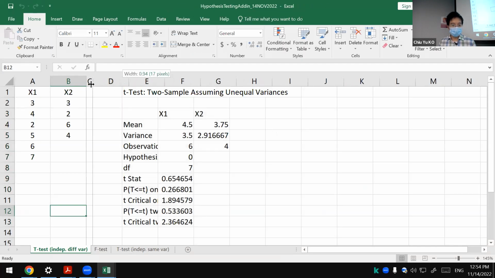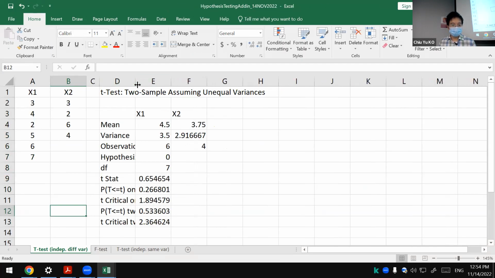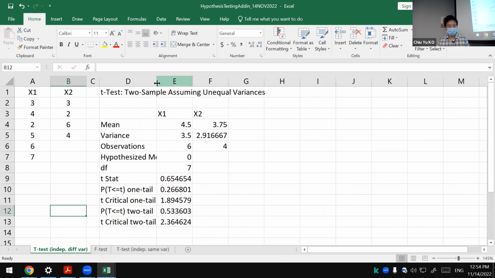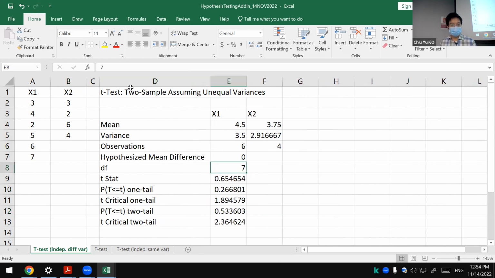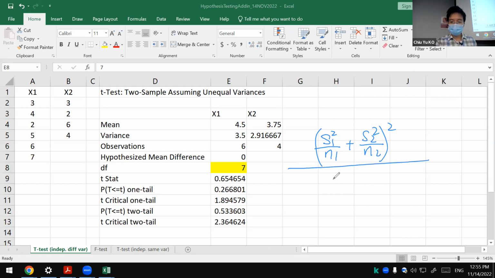Okay, so you can see that for unequal variance, the good thing is this formula gives you the DF being 7. To calculate this is very complicated. If you look at the lecture notes, it will be something vastly complicated, if I remember correctly.